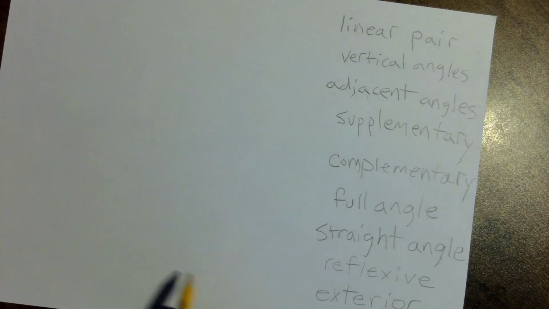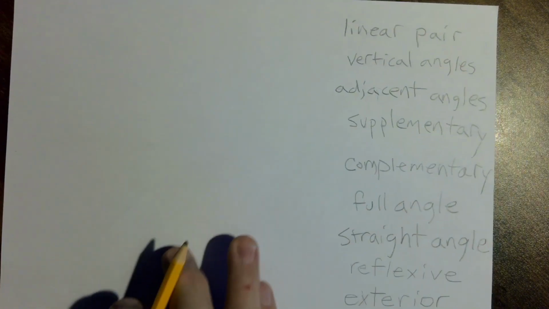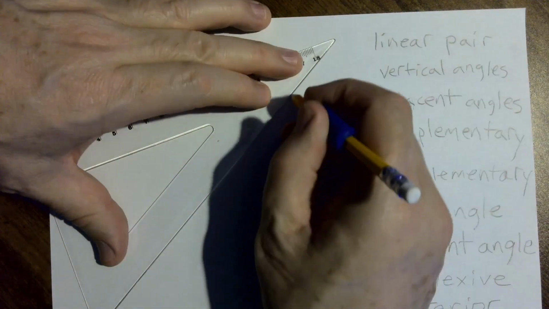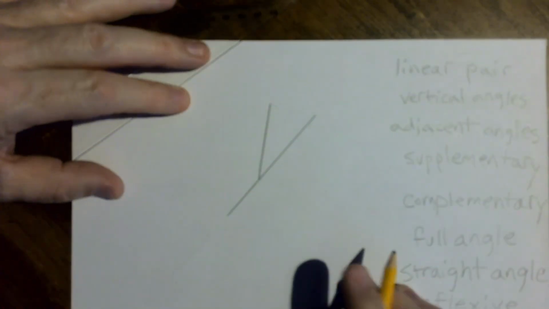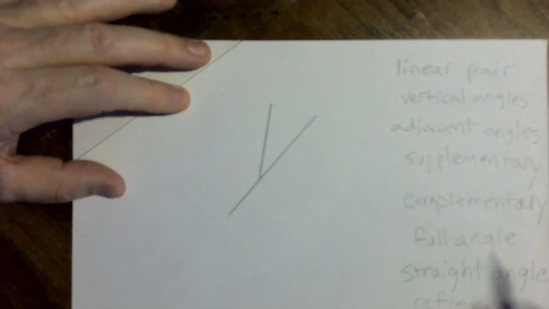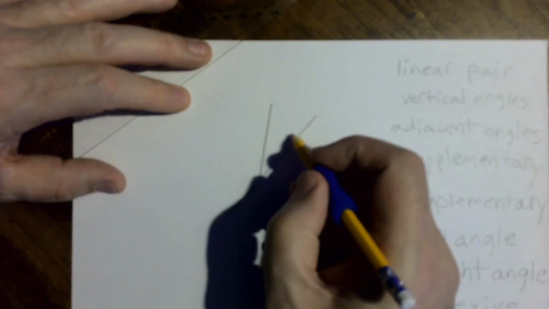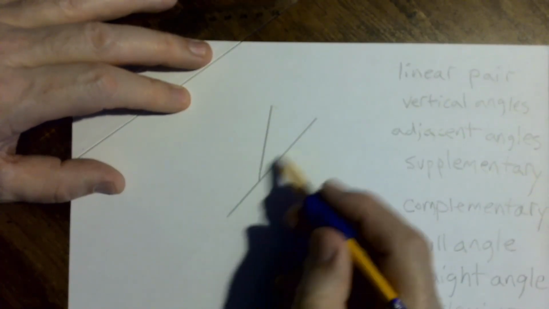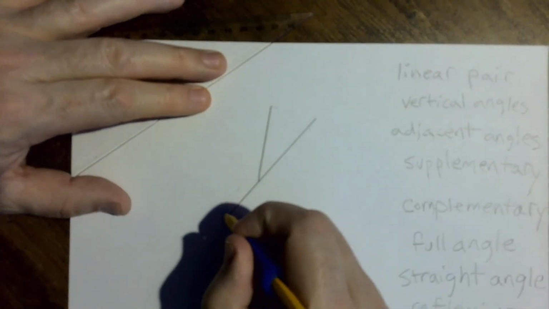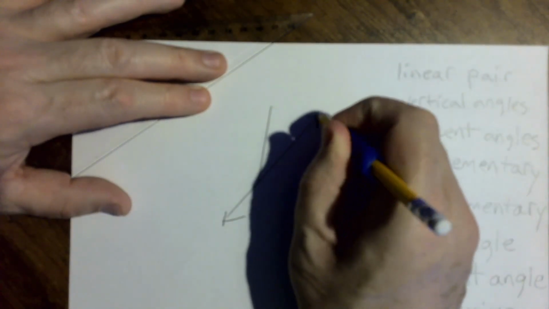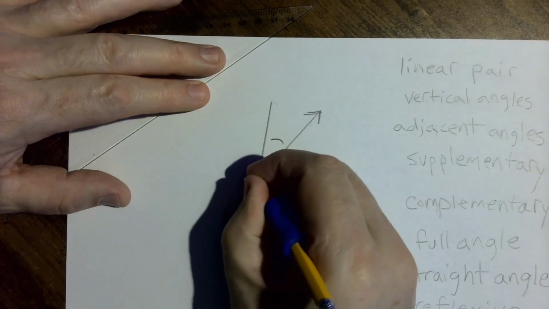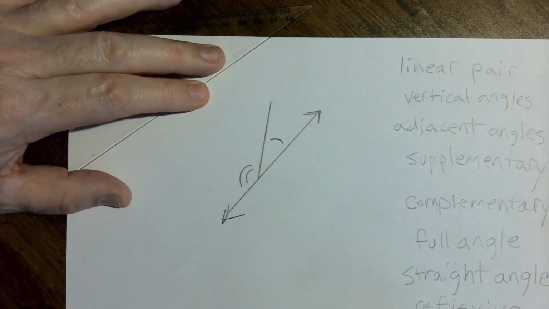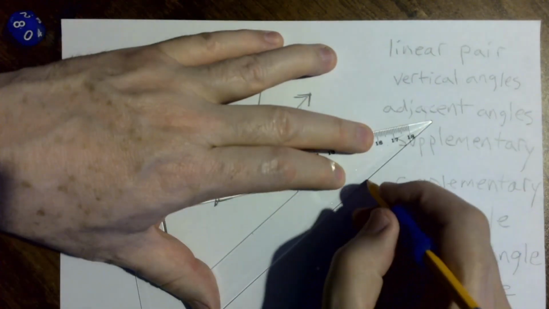Linear pair. So there'll be words like this in the games. A linear pair, you might have these angles here, because they pair together to make this line. Linear pair. This angle, and then this angle. Vertical angles.